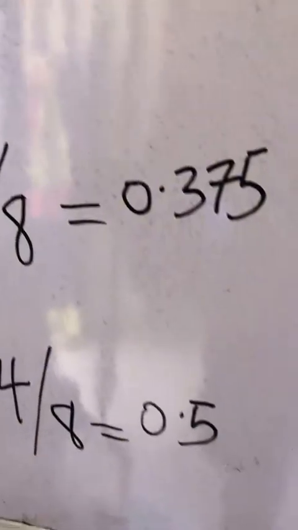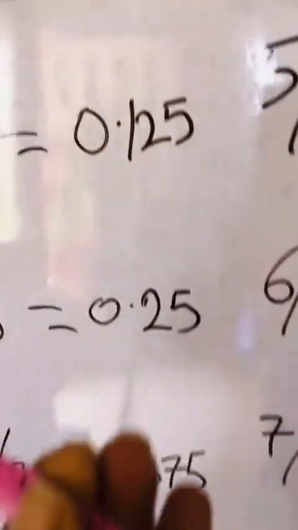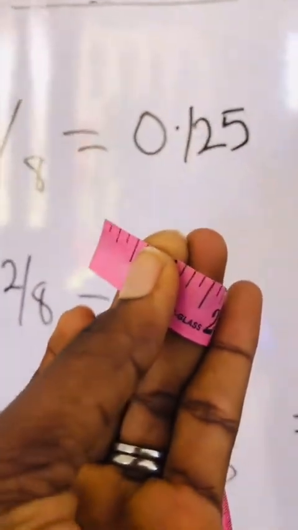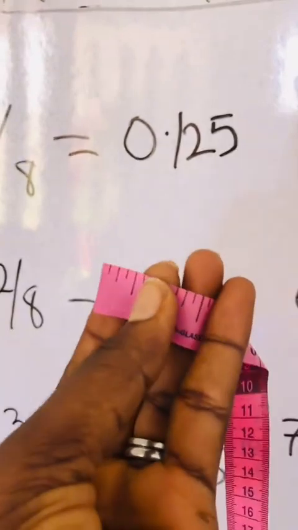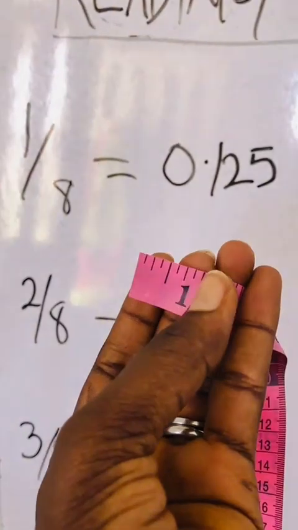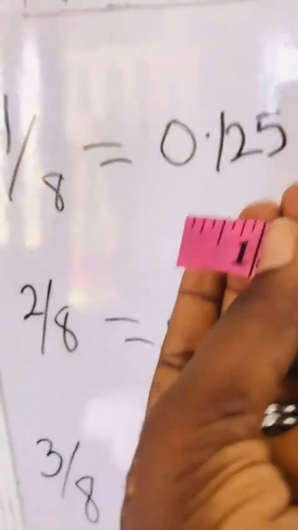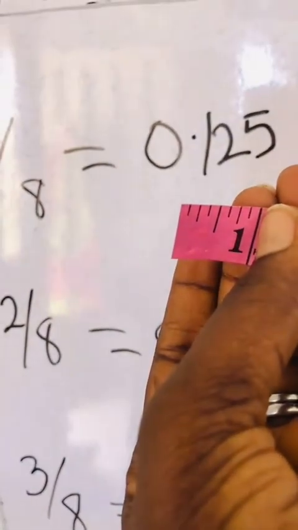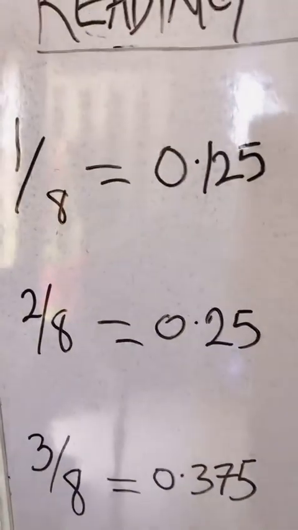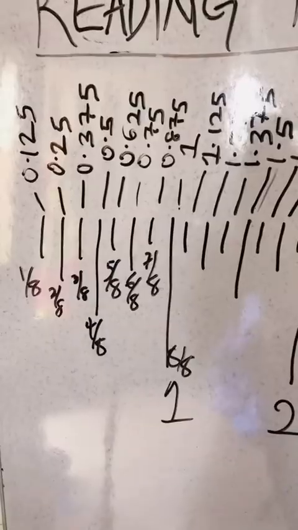That's the ½ inch. 4/8 is longer, is 0.5, which is ½ inch. Now we have 5/8, 6/8, 7/8 before we get to 8/8, which is the longest one, which stands for 1 inch. So we have 8 of those lines, and this is significant and very important because you don't just approximate numbers anyhow. You need to know what each of those lines represents.